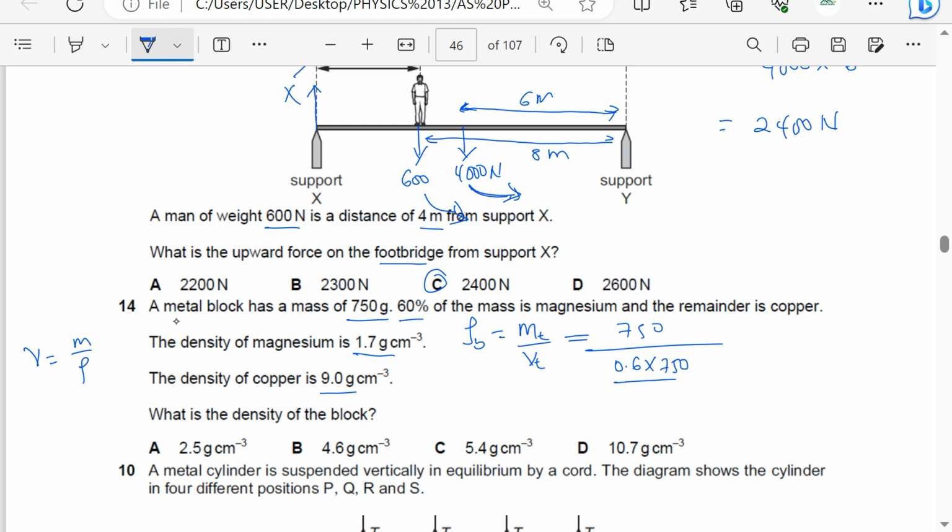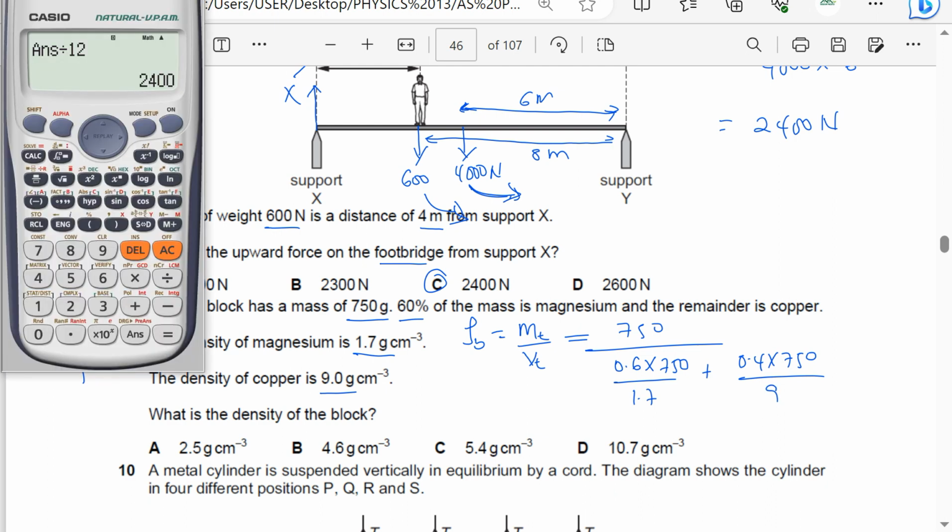This is divided by the density, which is 1.7. This is the volume for magnesium, plus the volume for copper, whose mass is going to be 40%. So that is 0.4 times 750 divided by its density, which is 9. So I just press my calculator.